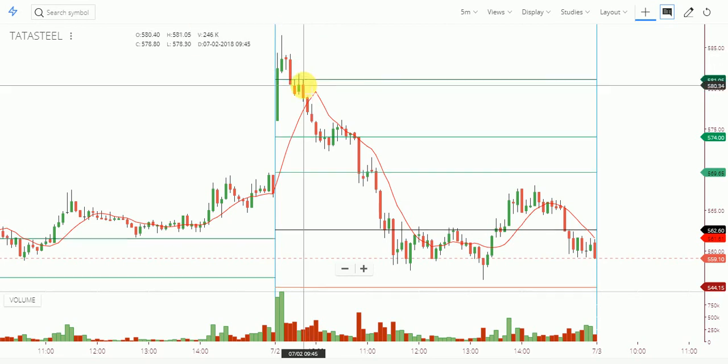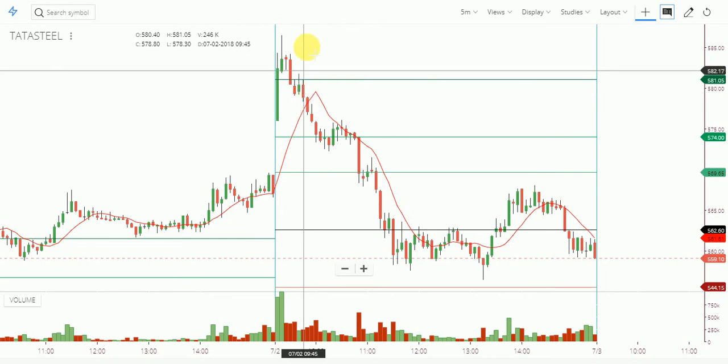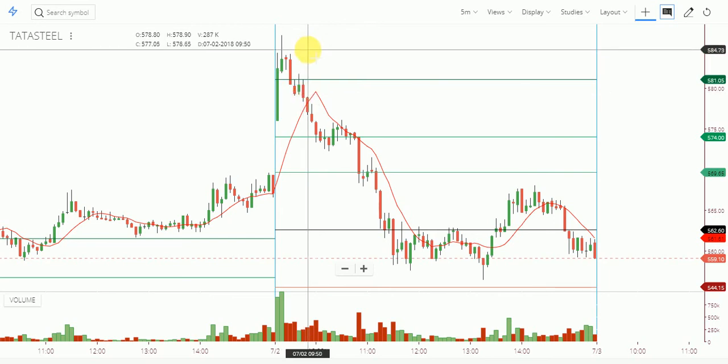I entered around 78.85, almost 79, and gave up to somewhere around this level, 85. So it was almost 4 to 5 points of risk I was willing to give, right?